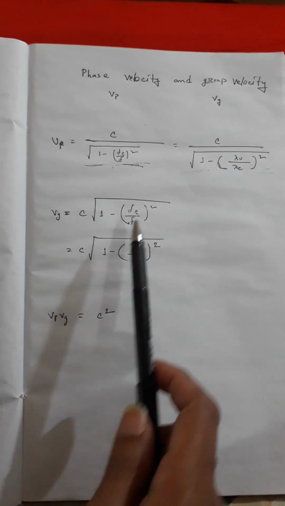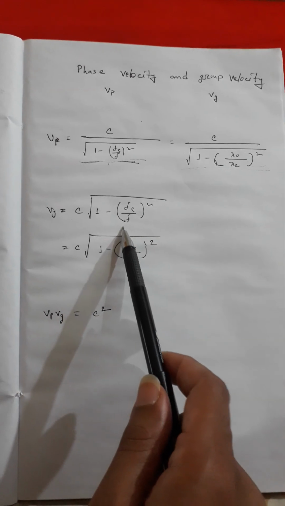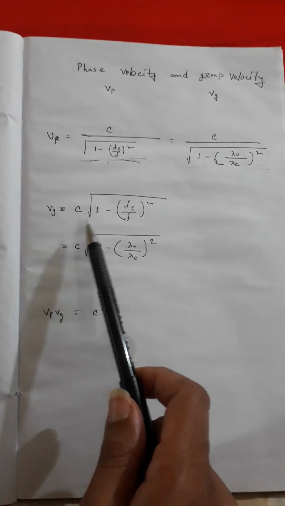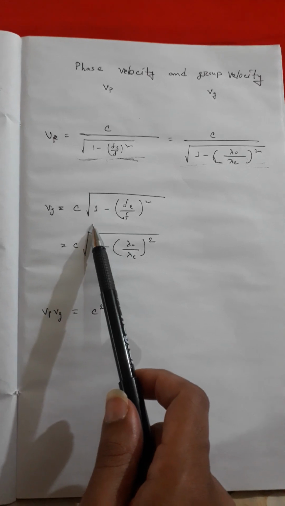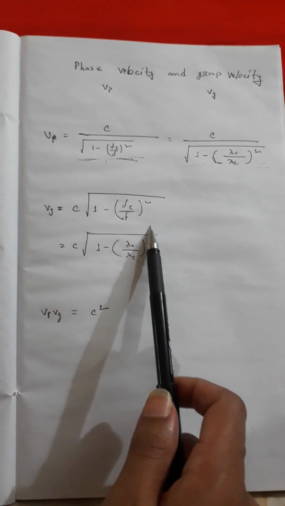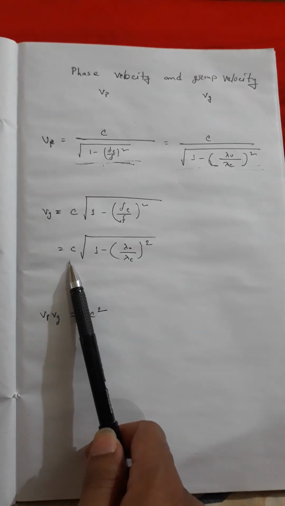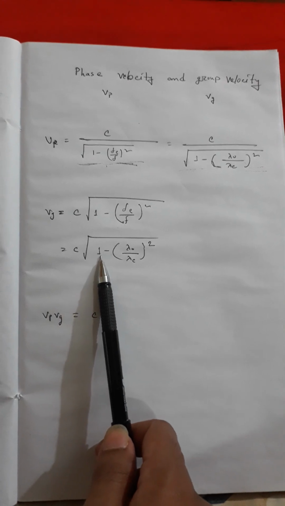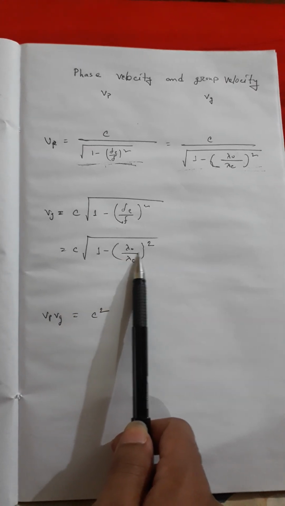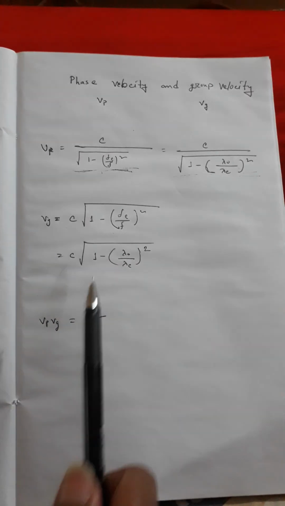So here we can write Vg is equal to c into the square root of 1 minus (fc divided by f) whole square. Similarly, c into the square root of 1 minus (lambda naught divided by lambda c) whole square.